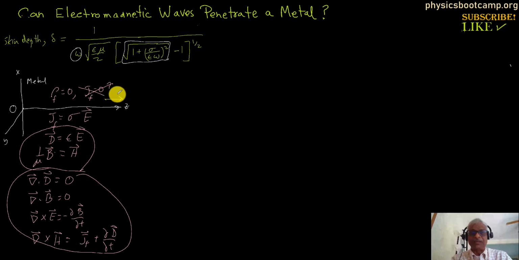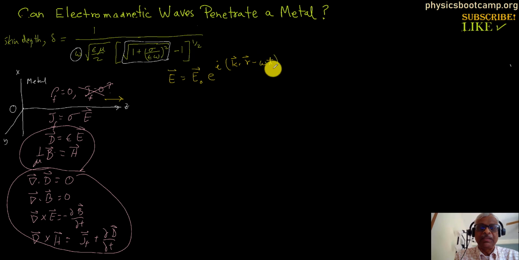So we're going to use a complex notation for the wave, because complex notation makes the calculation easy. In general, for the electric field we want a plane wave, so it will be some vector E0, which is complex, times e to the power i(k dot r minus omega t).